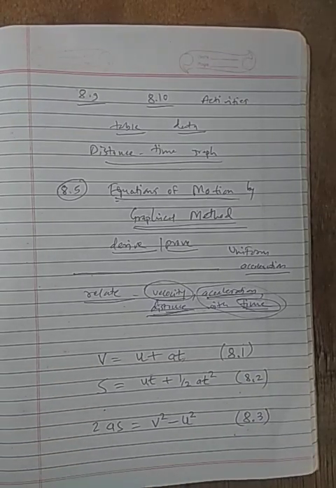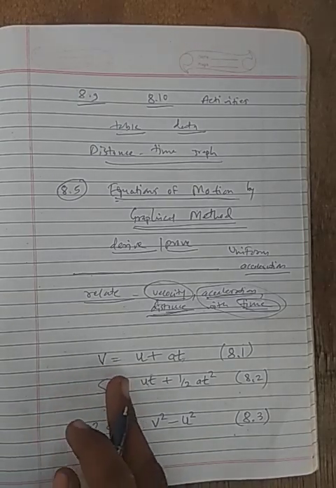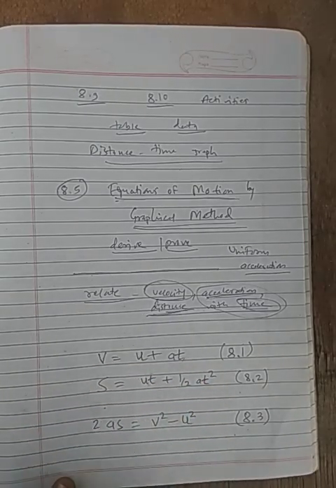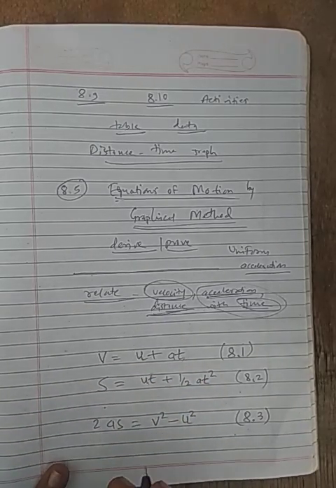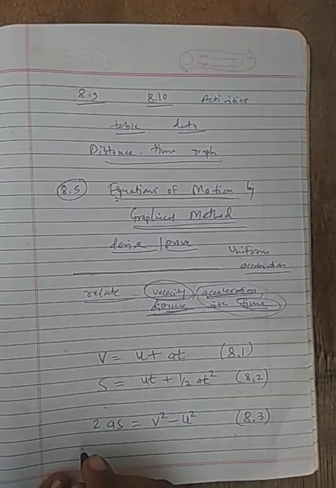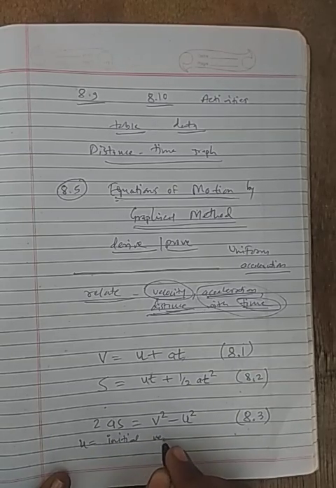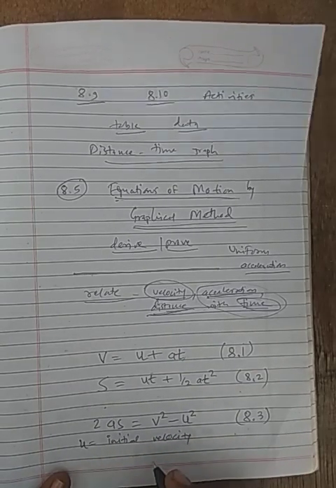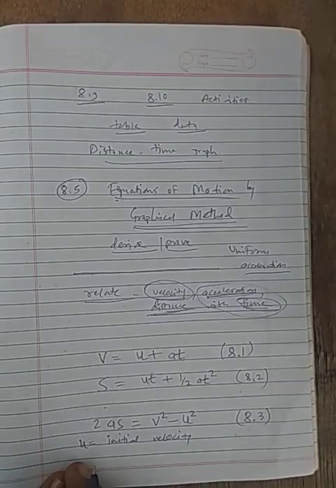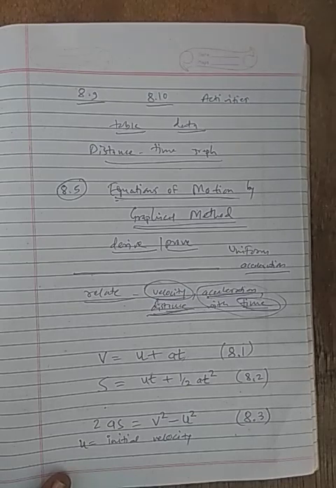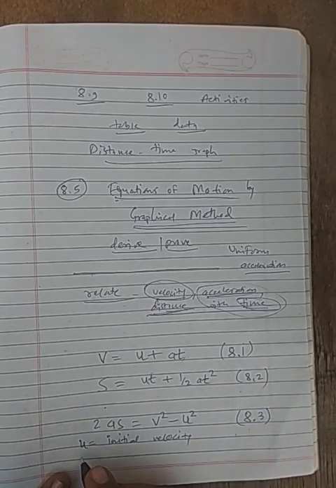In these three equations, u is the initial velocity, meaning the velocity of the object when it started moving, moving with uniform acceleration a.